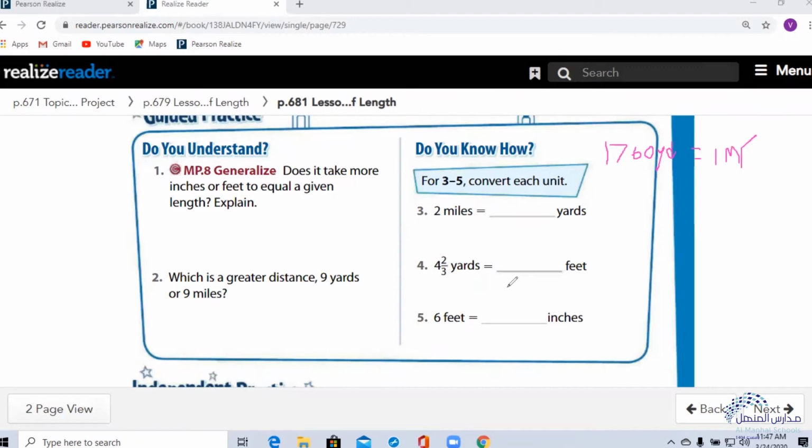Then I need to see how many miles I've got. So I've got 2 miles. 2 miles multiplied by 1,760 yards will give me an answer of 3,520 yards.